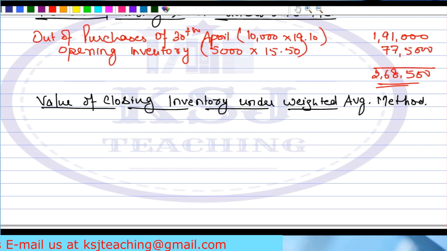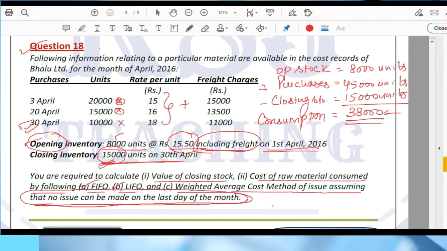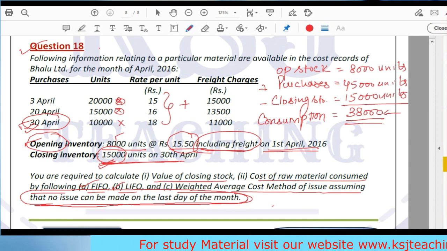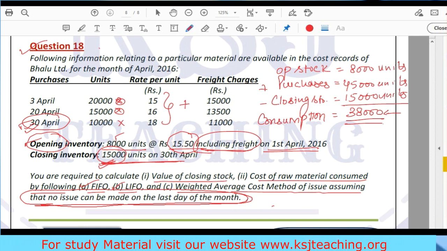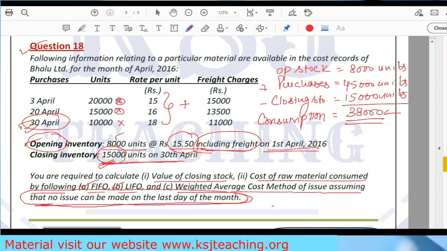Now just try to understand one thing, sir, in this case. Very important again. This 30th April inventory will anyhow be there at the full value because the full inventory is there. This 10,000 stock is as such lying there. So that means there is no need to do weighted average of this inventory.